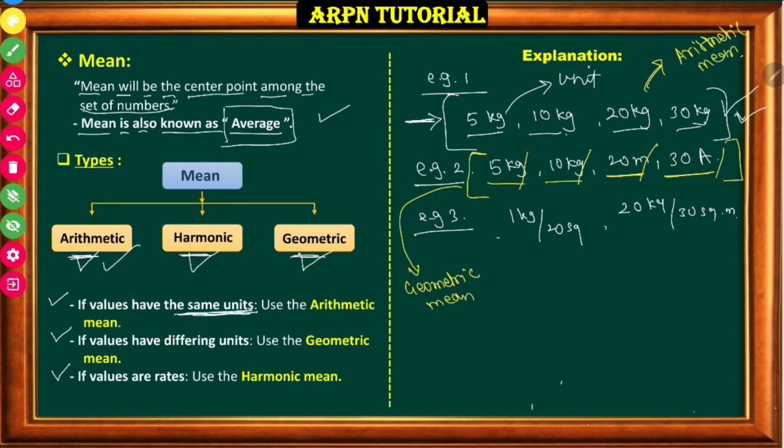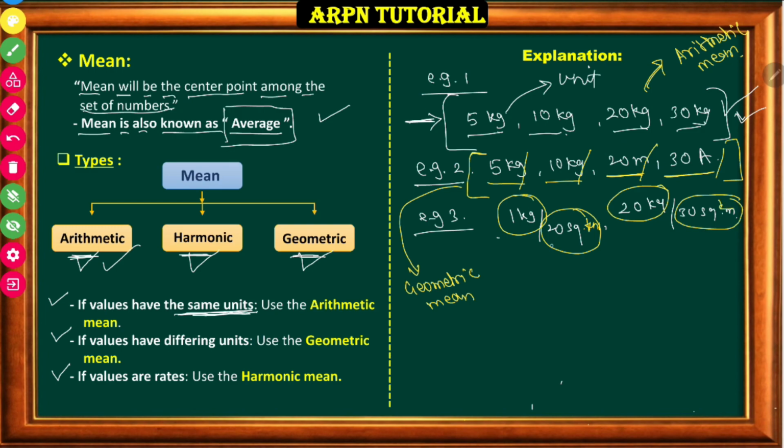Third example is, for example, we have a team for the extraction. They managed to get 1 kg metal for 20 square kilometer of area. Another set, they managed to get 20 kg of maybe gold at 30 square kilometer of area.